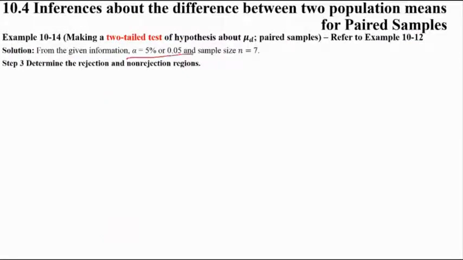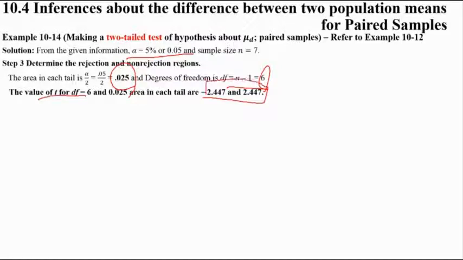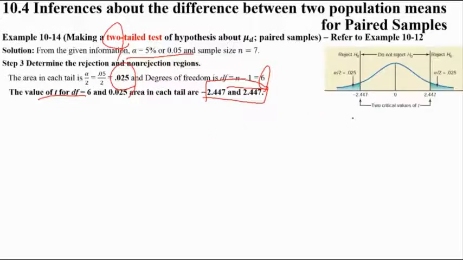Using this information, the significance level 5% divided by 2, right? So 2.5%. The degree of freedom n minus 1 is 6, and the t value from the table is about here. Because it is two tail, both sides, you find 2.447 plus and minus. So this is how it looks. Two-tail test.